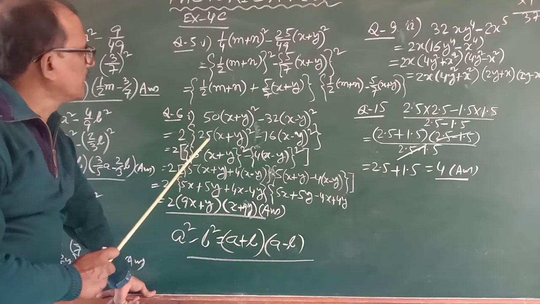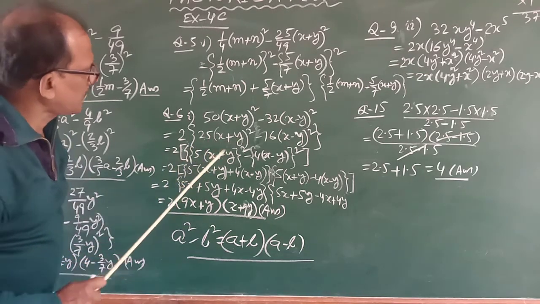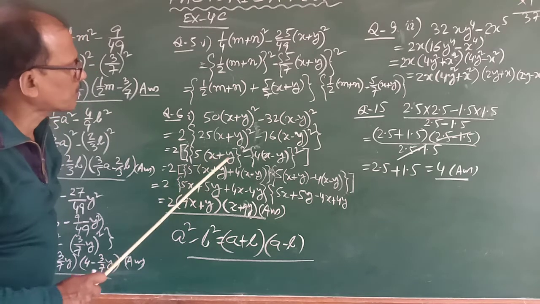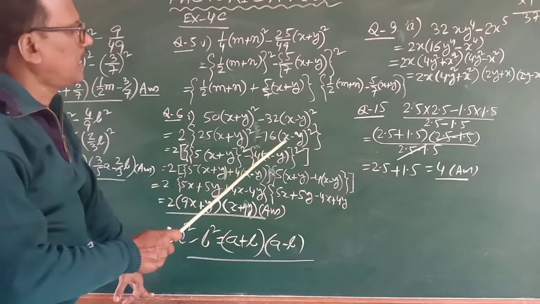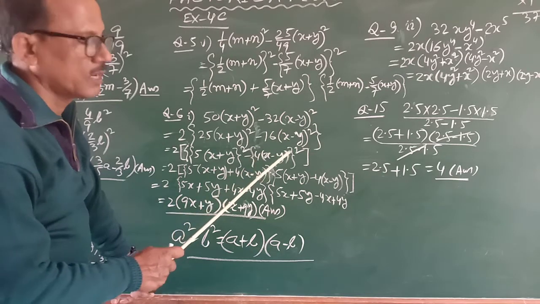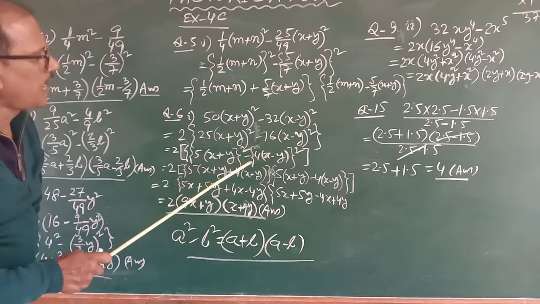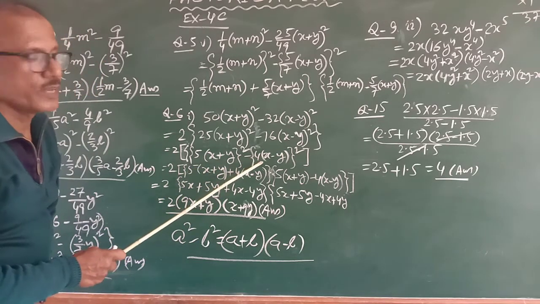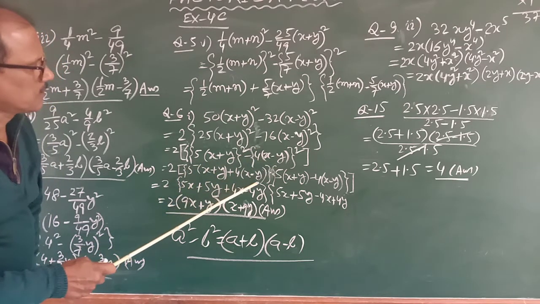So what will a be? 25 into (x plus y) can be written as 5 into (x plus y) whole square, and 16 into (x minus y) can be written as 4 into (x minus y) whole square. So in this case a will be 5 into (x plus y) and b will be 4 into (x minus y). So (a plus b) into (a minus b).